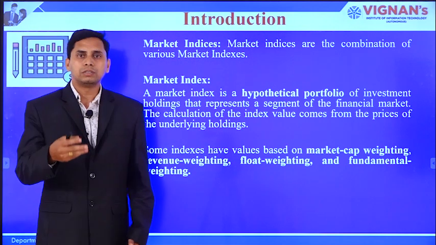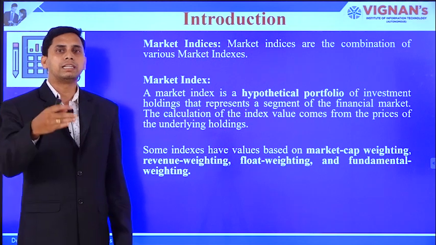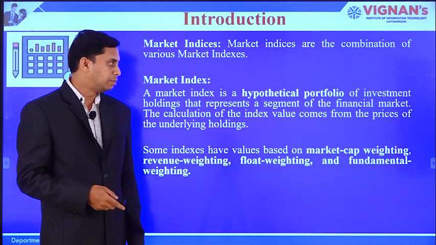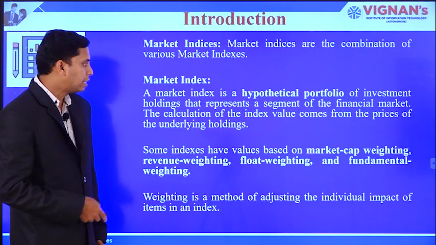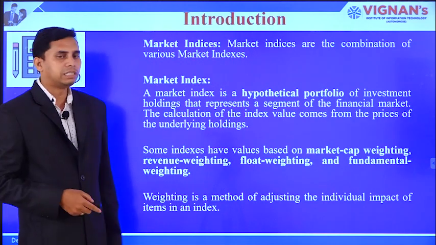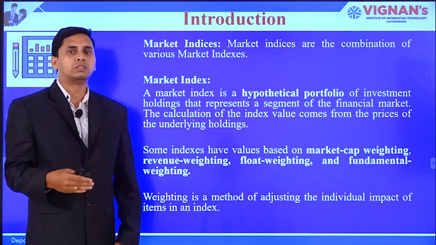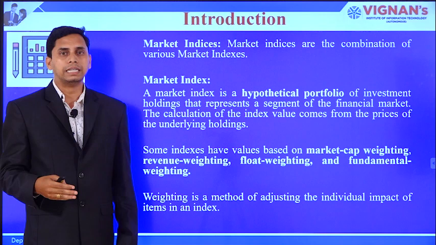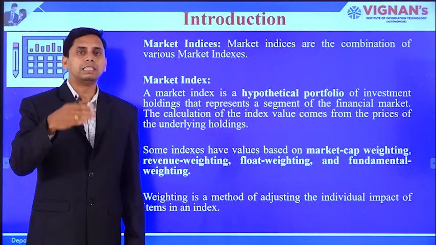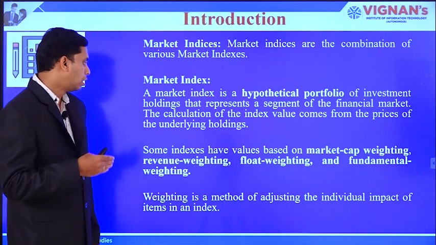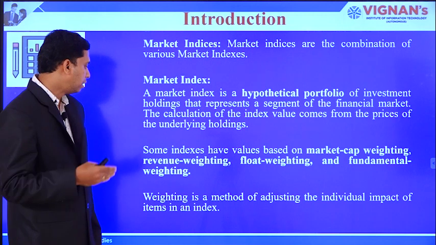As I told you, there are different mechanisms followed for the calculation of indexes. The basic mechanisms are market capitalization weighting, where market capitalization is one of the parameters through which we weigh the indexes, and also revenue weighting, where we weigh the index based on revenues, and others like float weighting and fundamental weighting.